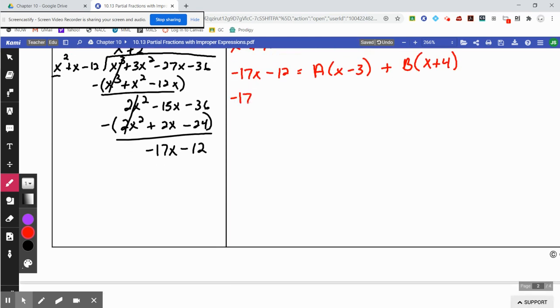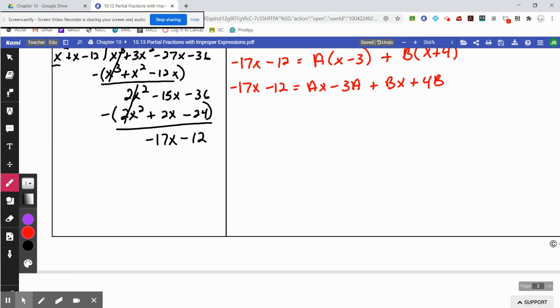Distributive property gives you ax minus 3a plus bx plus 4b. Let's group our x's together and factor, and you're going to have a plus b times x plus your constant terms, which is negative 3a plus 4b.